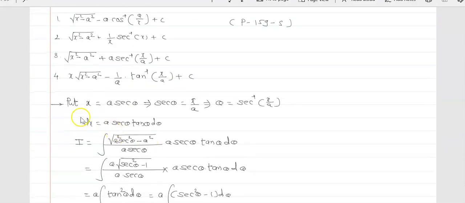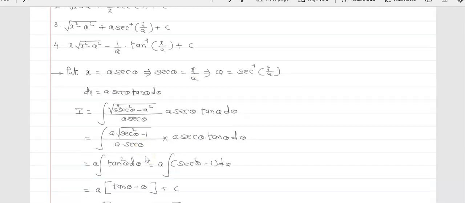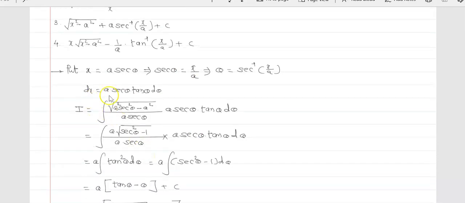The solution: put x is equal to a sec theta, so x upon a is sec theta, theta is equal to sec inverse of x upon a, and dx is equal to a sec theta tan theta d theta.